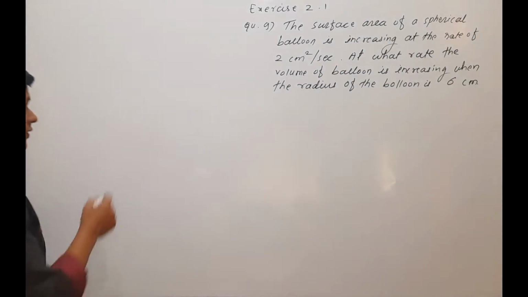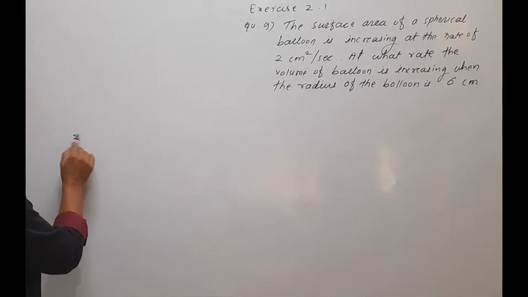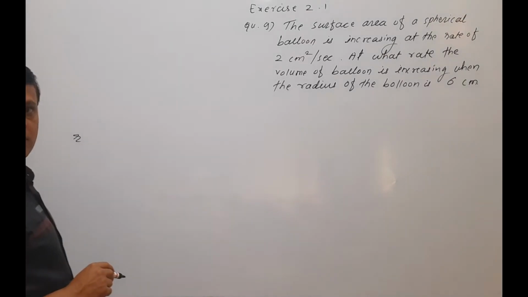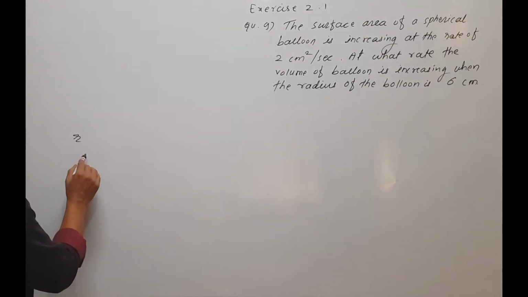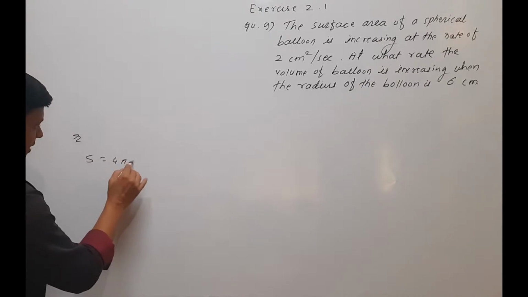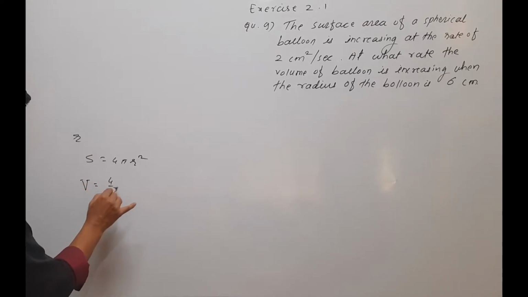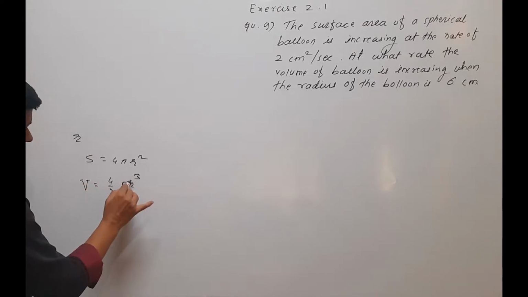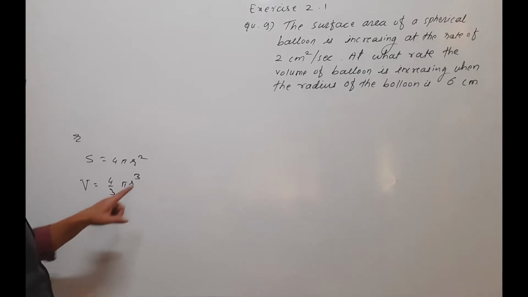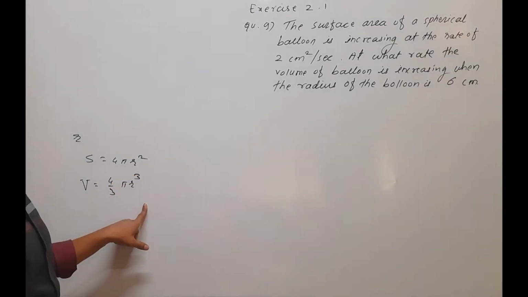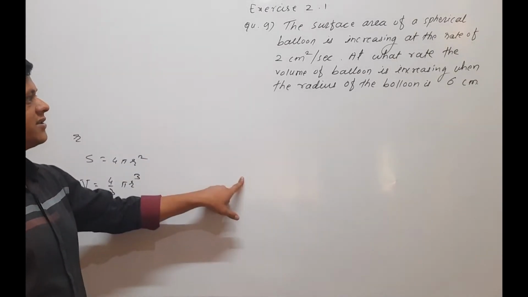So see here, if r is the radius of the sphere, then surface area S is equal to 4 pi r square and volume, that is 4 upon 3 pi r cube. So using these two formulas we solve this example.